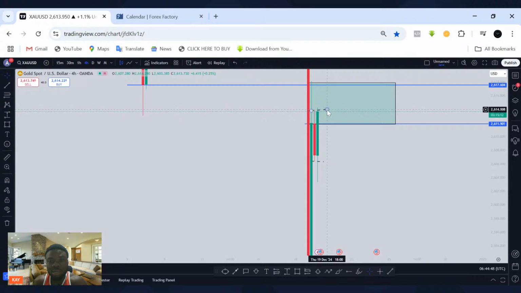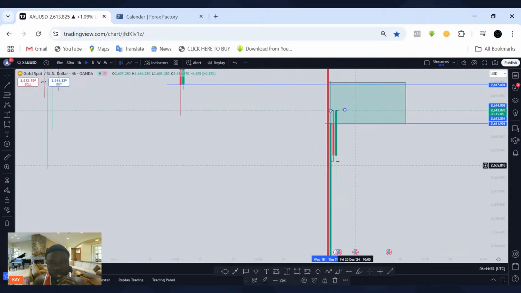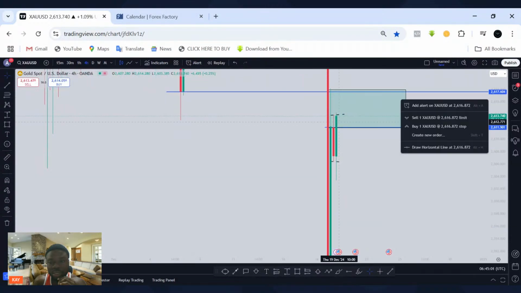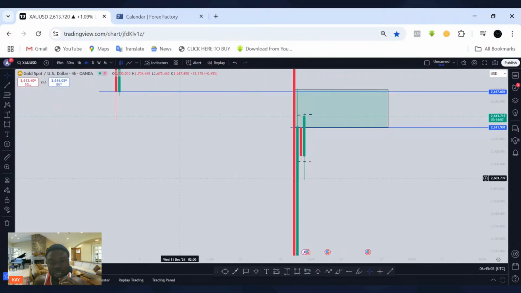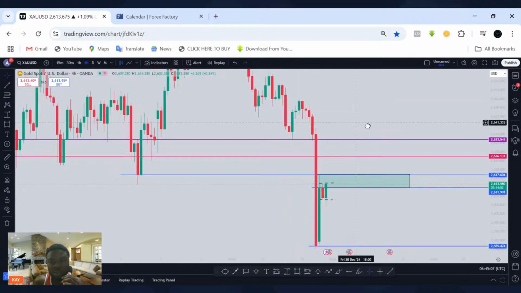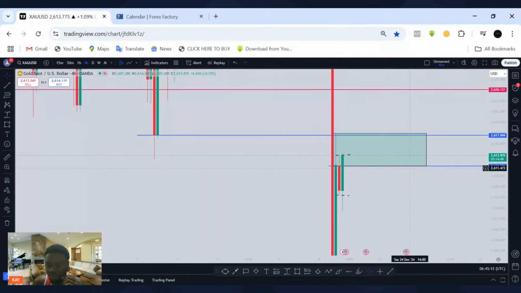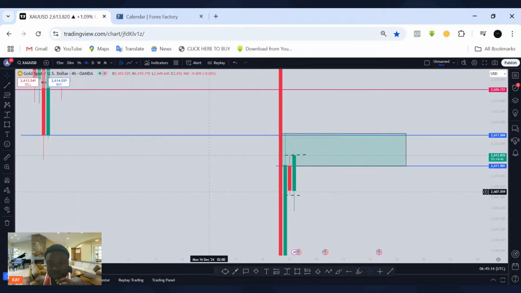And now the high has been broken, but it has created a resistance over here. I'm even surprised gold was broken, like the high has been broken. You see what happened yesterday? If you get reference to whatever you are doing, it gives you more confidence.